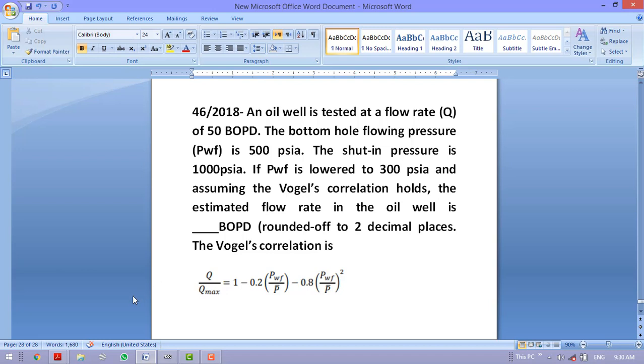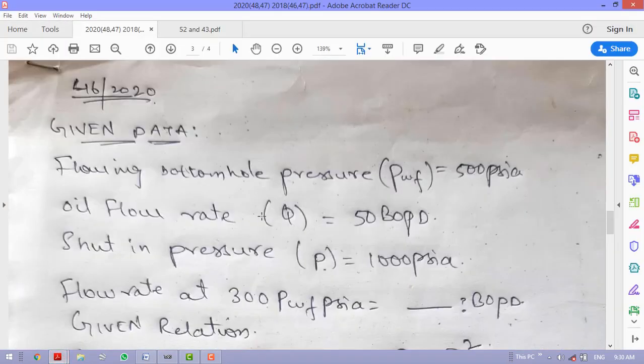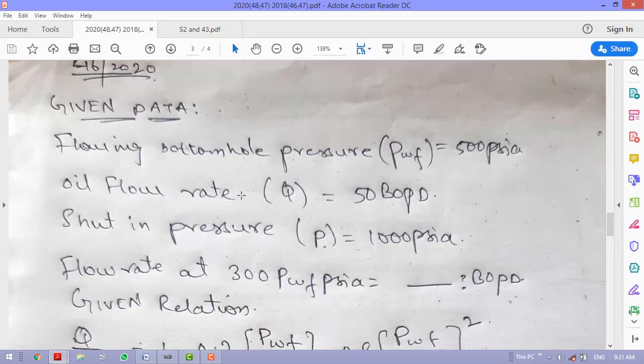Let us quickly see the answer. First I wrote the given data. The flowing bottom hole pressure PWF is 500 psi, oil flow rate Q is 50 barrels per day, and shut-in pressure P is 1000 psi. We have to find the flow rate at 300 psi.